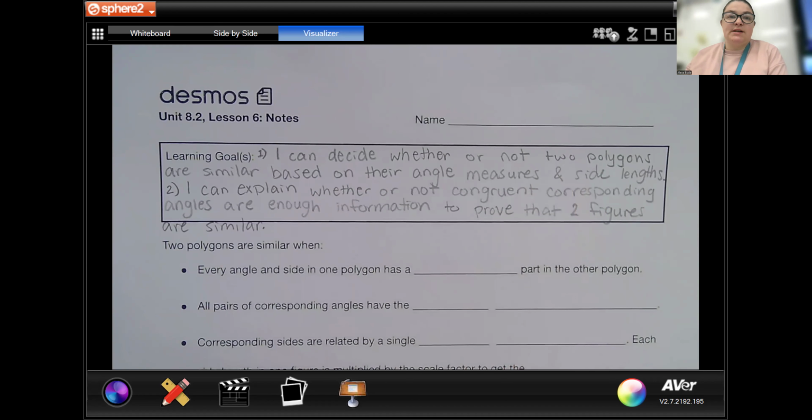Just a quick reminder that similar in math does not mean the same thing as similar in ELA. Similar in ELA means that they have things in common. So, for example, a square and a rectangle are similar because they both have four side lengths and four right angles.